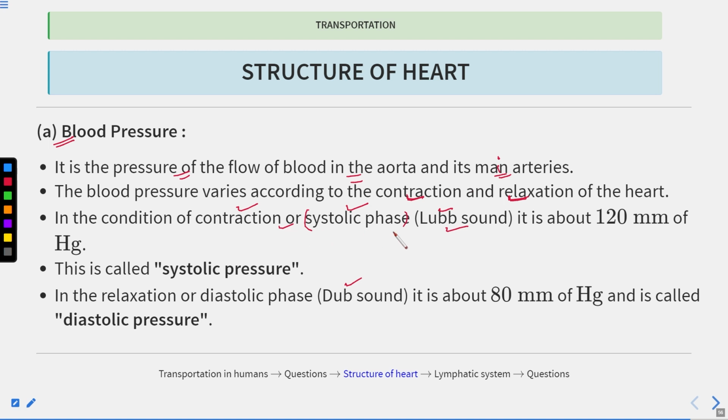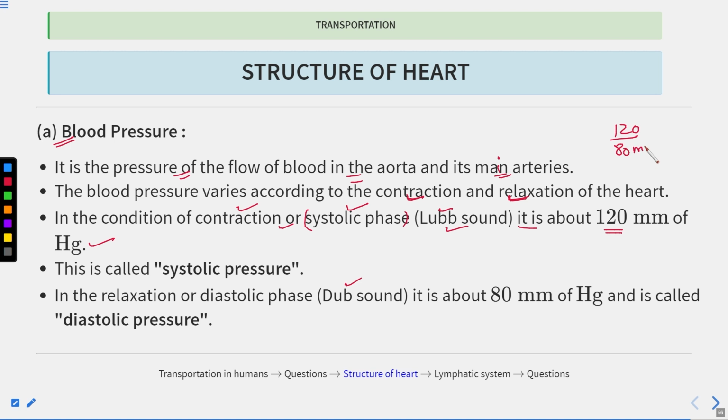During the contraction phase, or the systolic phase, the blood pressure is about 120 millimeters of mercury. Hg is mercury. Whenever we talk about blood pressure, we write 120 by 80 mm.